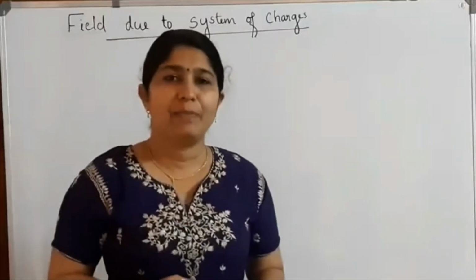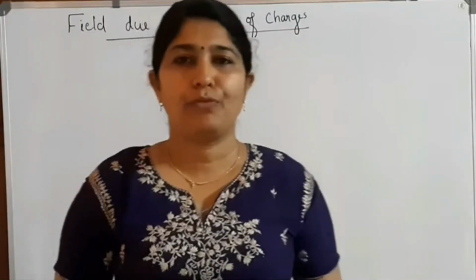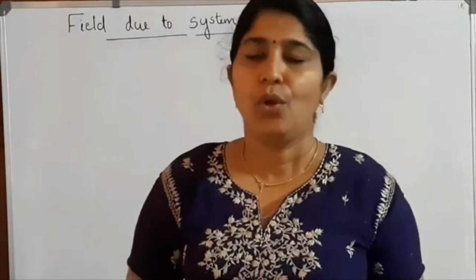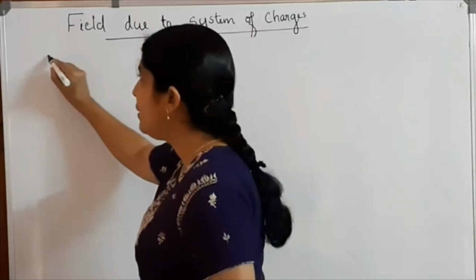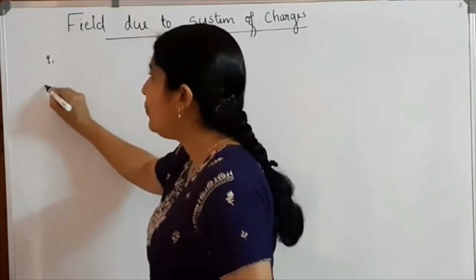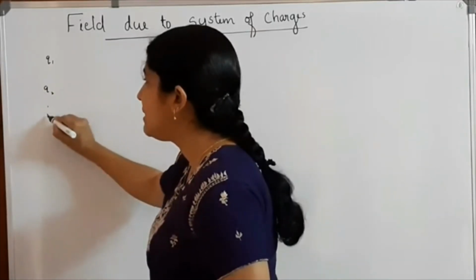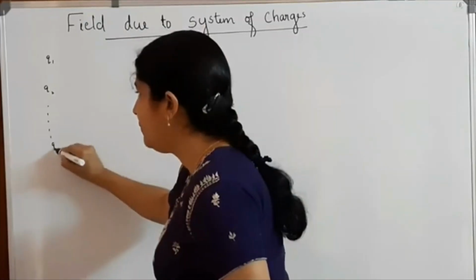Now we want to explain field due to a system of charges. For this, we consider a large number of charges Q1, Q2, etc. to Qn.